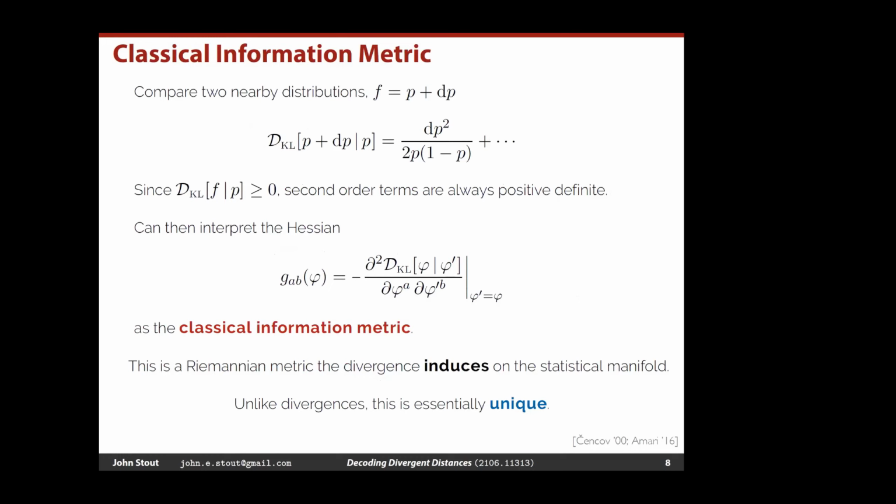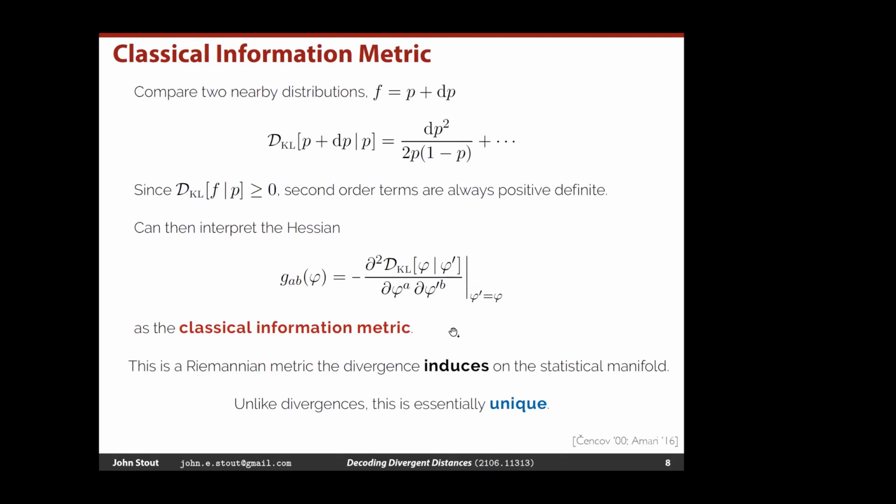So then what we can do is consider nearby distributions, infinitesimally separated distributions. And the properties of the divergence tell us that it starts at order infinitesimal squared. And this thing can be interpreted as a metric. It's positive definite and has quite a nice set of properties.